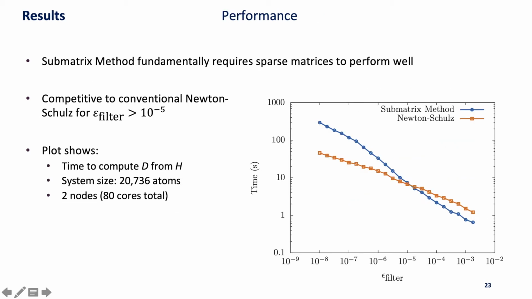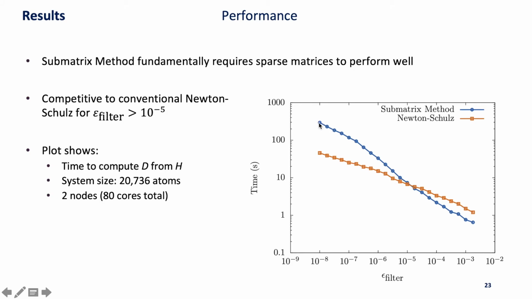Then on to performance. The submatrix method fundamentally requires sparse matrices because otherwise your submatrices get very big. So we see this when we have a very small epsilon filter here, that the submatrix method just takes much longer.